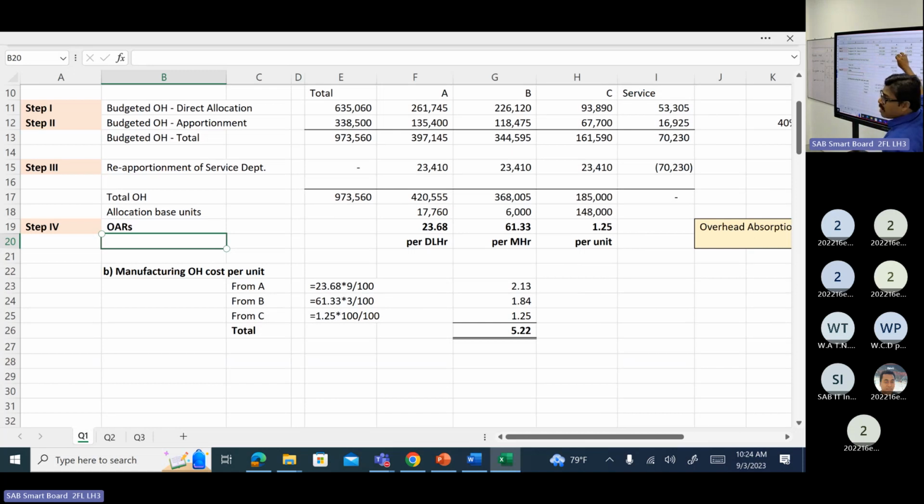This is allocated and apportioned. Service department, we have to reapportion equally. Then you will get the total overhead cost. Total overhead cost allocated only to the production departments, which is 420, 368, 185. Right?